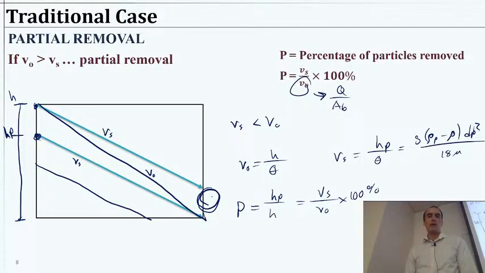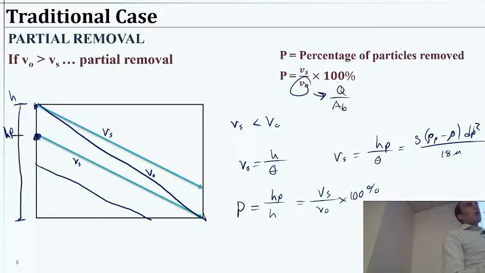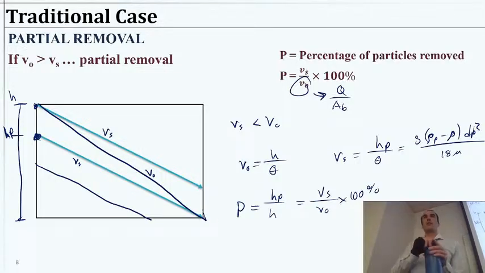So everything here is not removed, and that's bad news. And everything that started in the water lower than this point was removed because it didn't have to travel so far. So what I've shown here is I drew on here the diagonal, meaning the V naught, and then I just put two lines that are traveling at the same speed as an example of the particles that a portion of those particles are being removed. Thanks for the question.